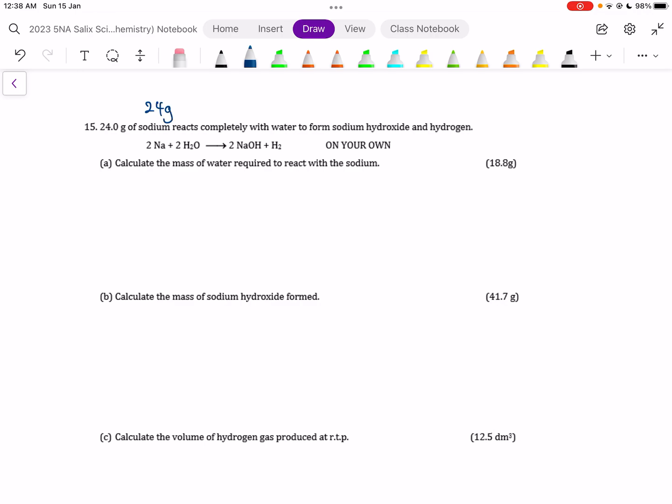I'm asked in the first part to find the mass of the water. So you have to find the number of mole of sodium first, then mole ratio over, then multiply by the Mr of water. This part is divided by the Ar, relative atomic mass of sodium.